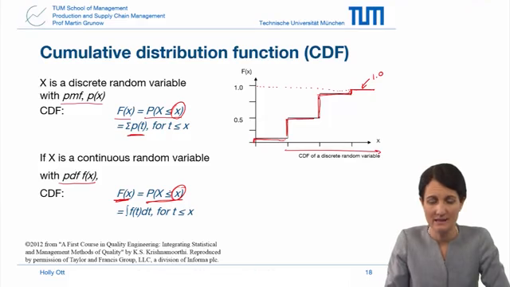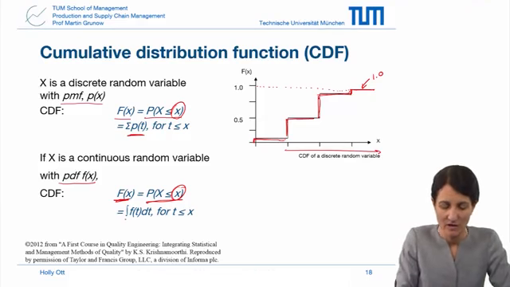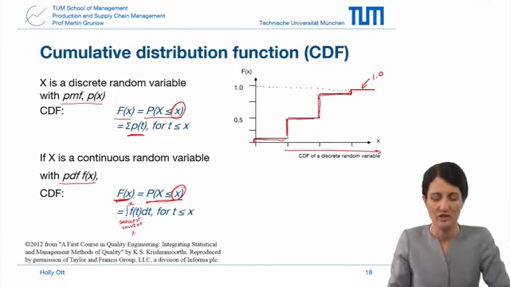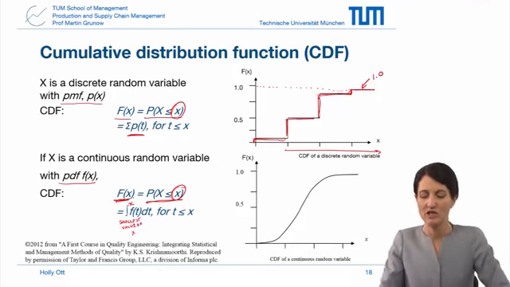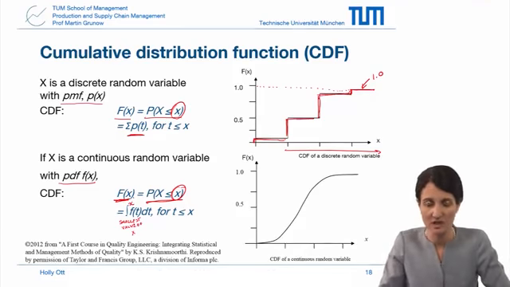But in this case, we need to look from the smallest value of x to a certain x value. And we can show this with a continuous function. So this time, we don't have a step function because x can take any value.